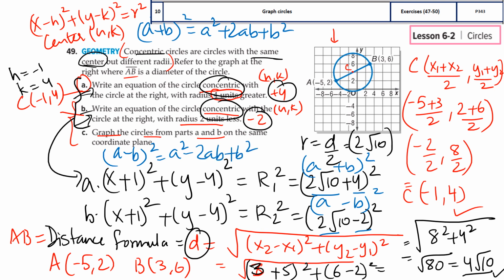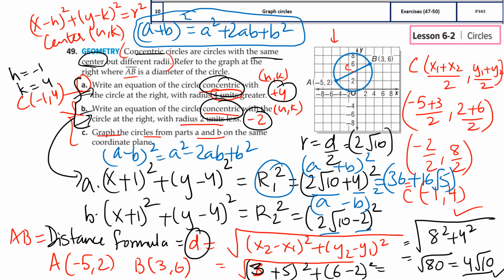So just use that along with your calculator, open this, and this thing will come out to be 36 plus 16 square root 5, the final radius squared. To save time, use the calculator. Similarly here, when you use the calculator and open it up, it will come out to be 24 minus 8 square root 5. So that's the little bit of algebra which is added to this question. Otherwise, it was a very, very simple question.